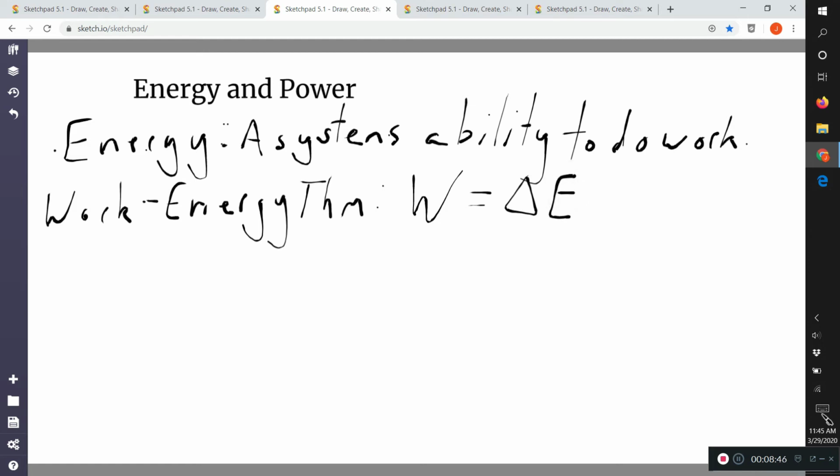This means that work and energy are going to be measured in the same units. The amount of work on a system is equal to the change in energy of that system. Also, since work is a scalar, that means energy would have to be scalar as well. That also means that the unit for energy is also joules.